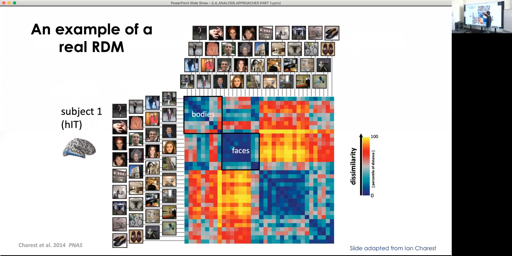The faces happen to be these images, and they were grouped here, and you can see it's pretty blue, and if you look at the color map, it's pretty lowly dissimilar, meaning very similar. The responses to these various stimuli were highly similar in this region of interest, right? So it provides some visual evidence, proof by eyeball, that in this part of the brain, ventral cortex, these stimuli are treated very similarly.